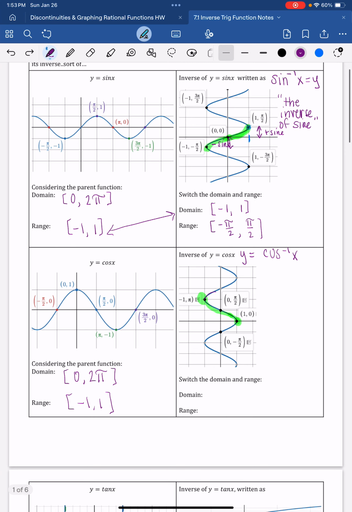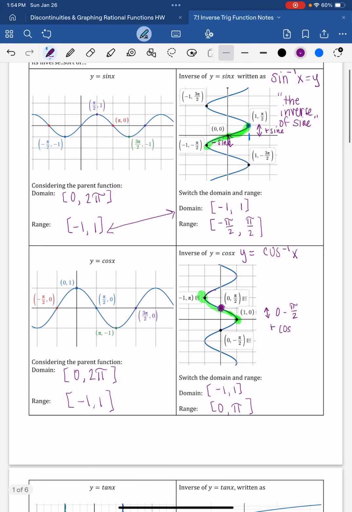Its domain is from -1 to 1, and its range is from 0 to pi. If this is the point (0, pi/2) right here, from 0 to pi/2, those are my positive cosine values. And from pi/2 to pi, those are going to be my negative cosine values.